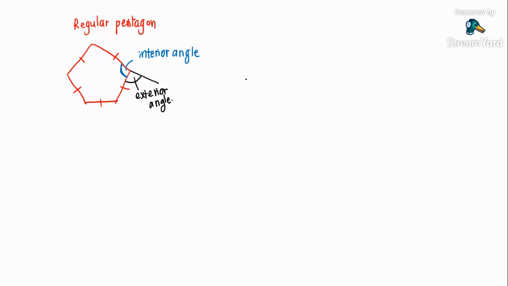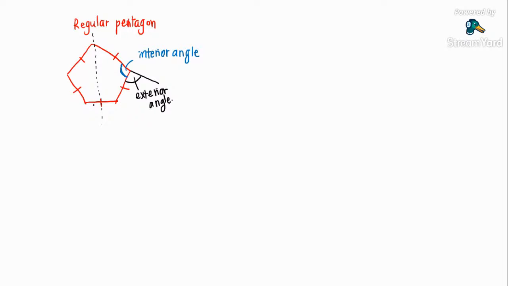Another thing that you must know is the axis of symmetry. For example, this is an axis of symmetry of the polygon. An axis of symmetry means the line where you can cut it and the left and right are the same.